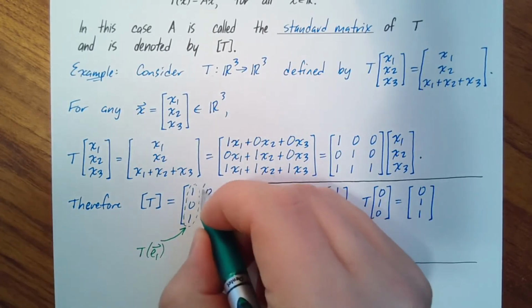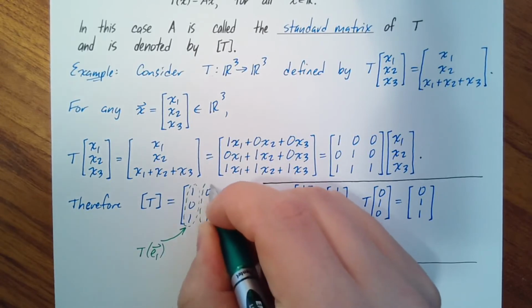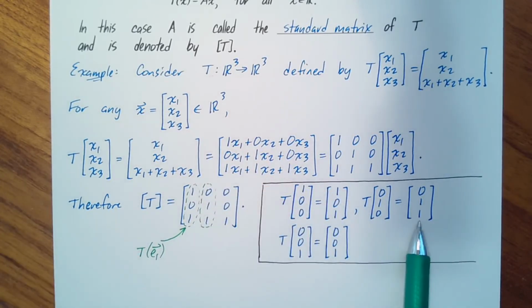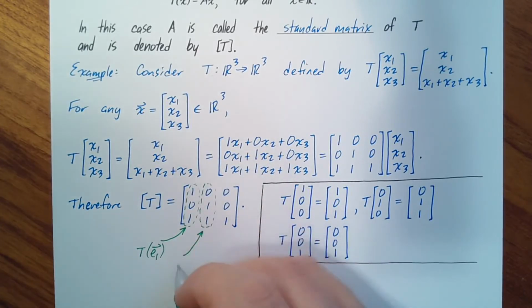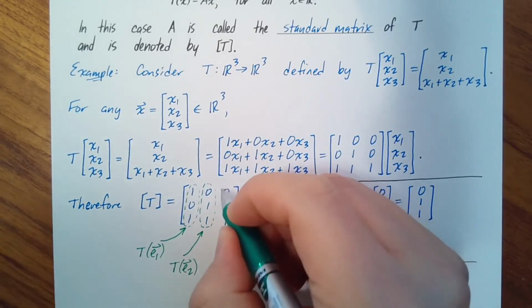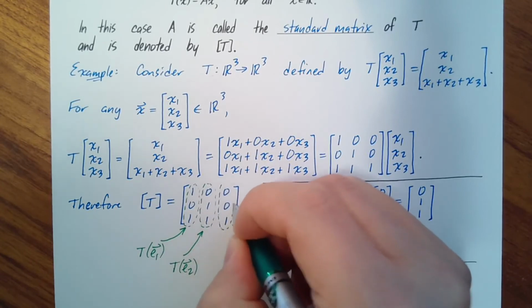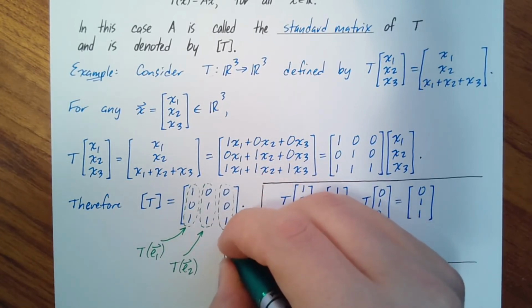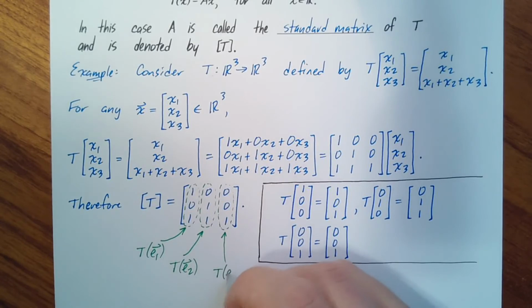And now this middle column, the 0, 1, 1, that's over here. So that was T of E2. And then lastly, our third column, that was this one here, which is actually T of 0, 0, 1. And that is no coincidence. That's always going to happen.